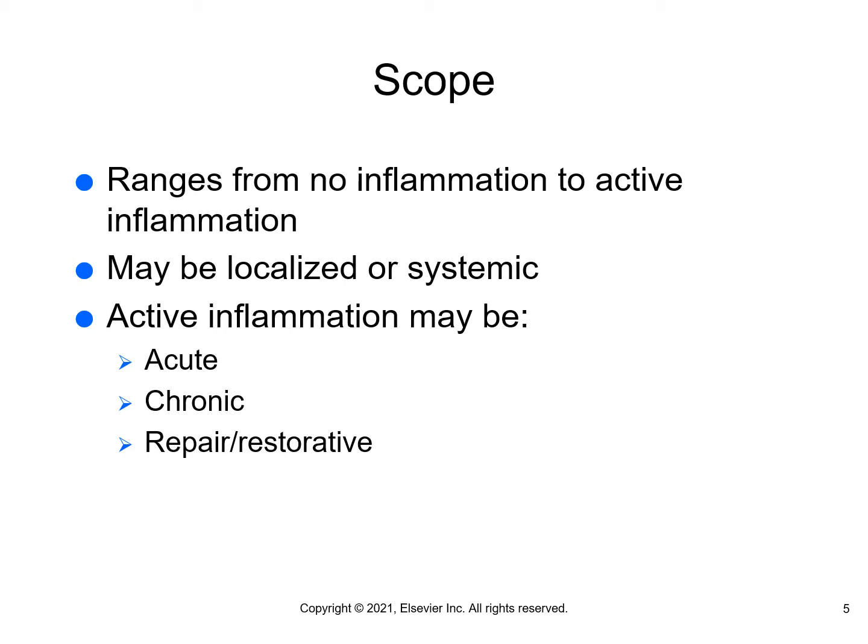Whereas chronic is where it lasts longer, from days to years. And here you'll see more of the advanced leukocytes, the lymphocytes, the macrophages, and you'll see fibrosis and maybe tissue necrosis. And that's where you talk about repair and restorative stages, where the body goes into those stages as well.